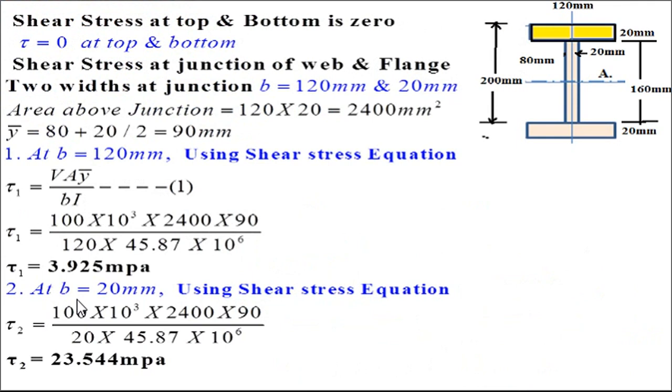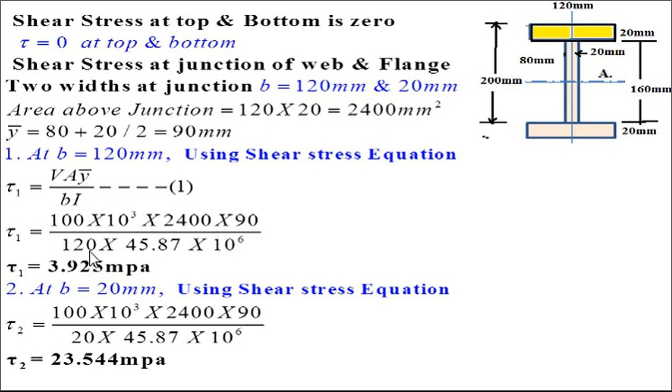Now to calculate shear stress at B equal to 20: we considered B as 120, at that time the value is 3.925. Now you have to consider B as 20 mm. Whatever is shown here, all the values remain the same except the width will change.